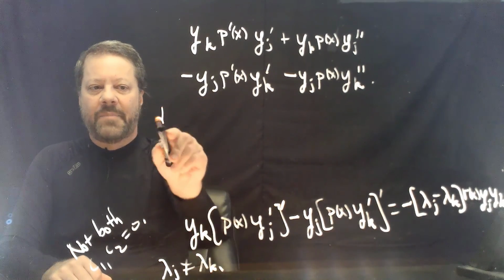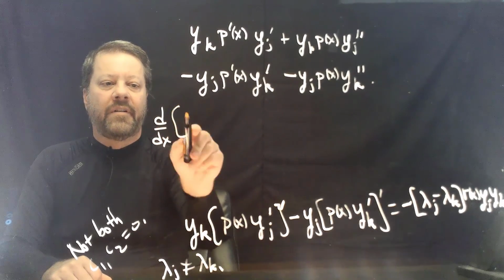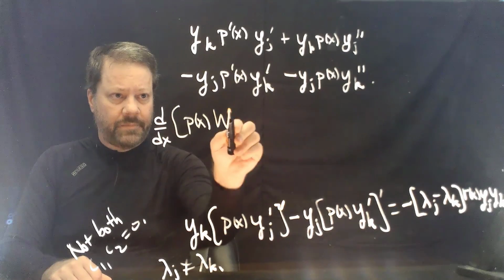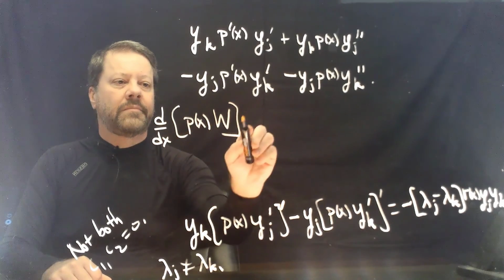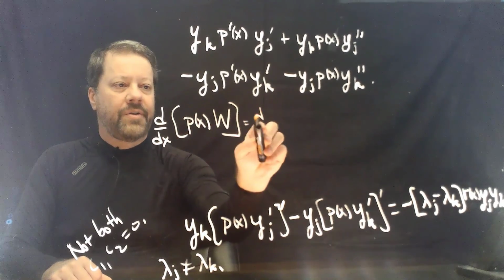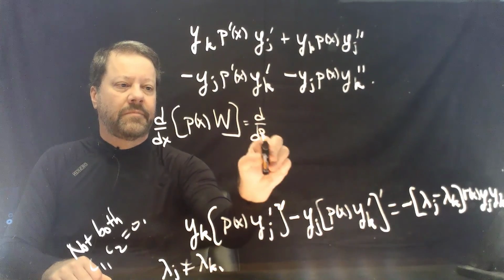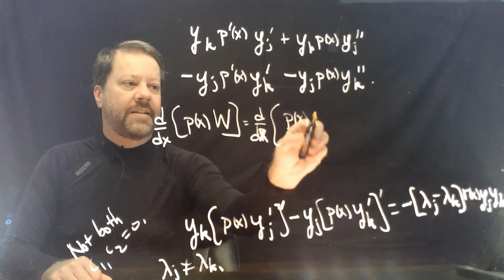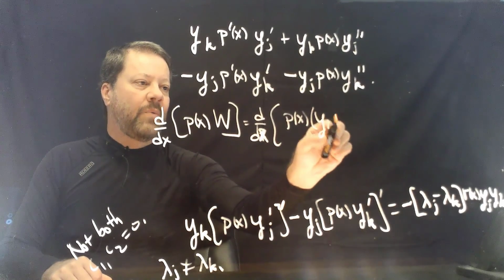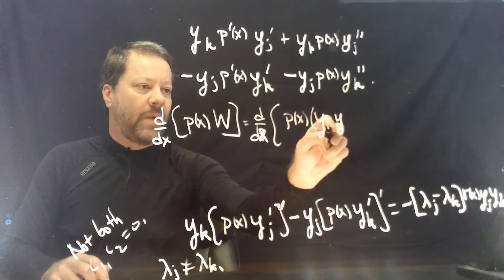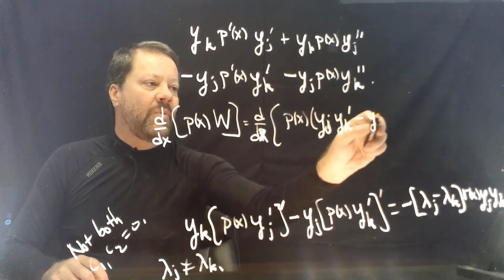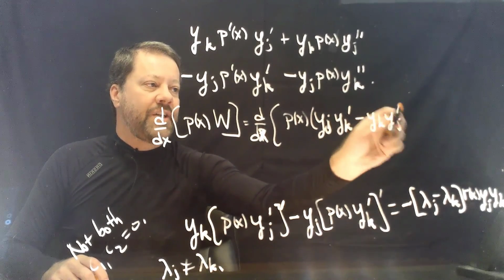Now, let's compare this to the derivative of p of x w, which is the derivative of p of x times yj yk prime minus yk yj prime.